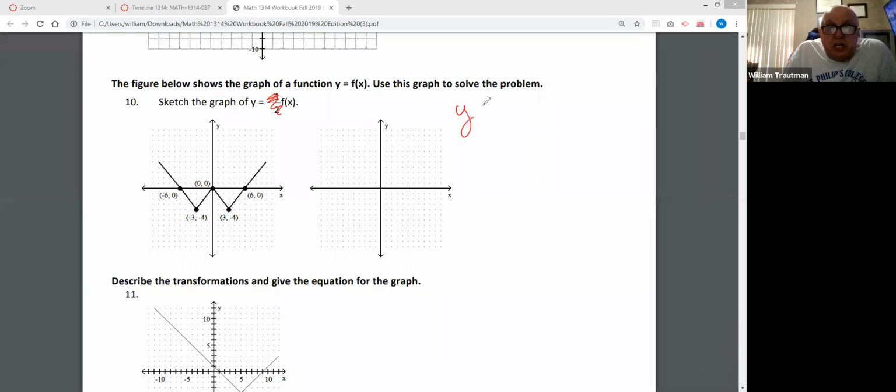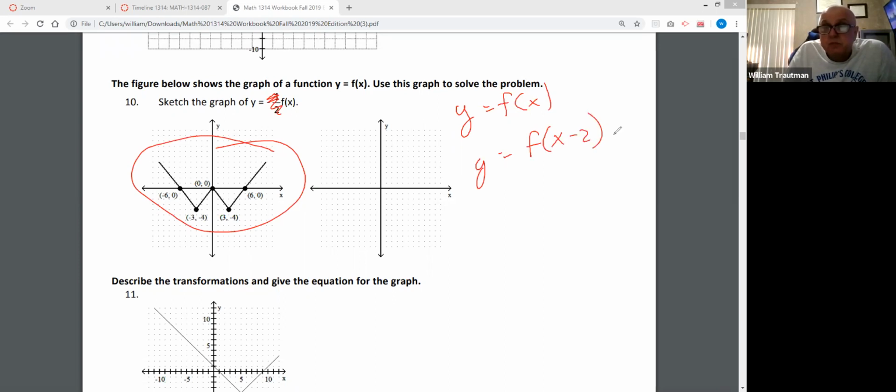This is our function, okay? Let's call this our function. We're just calling it a function. We don't know what the equation is. How would this function look if we did these transformations?